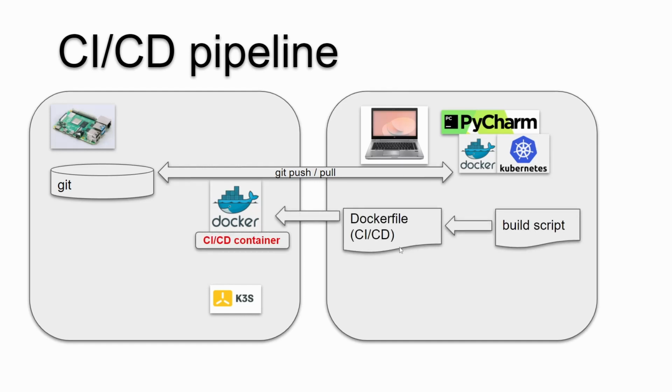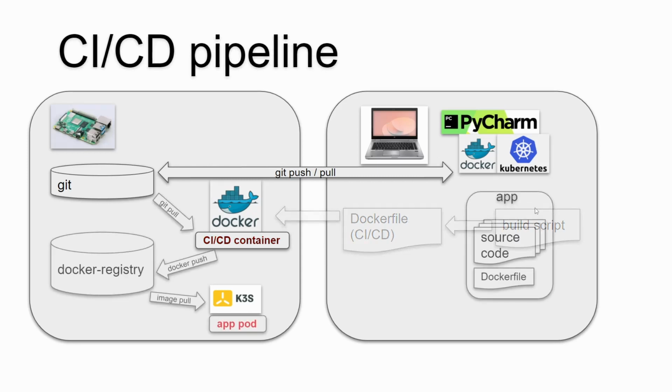But we also have to set up our CI/CD pipeline. This will be easy. Just a Docker container with a build script. We deploy this to the Docker with the help of a Docker file, and it will take care of all build and deploy tasks.